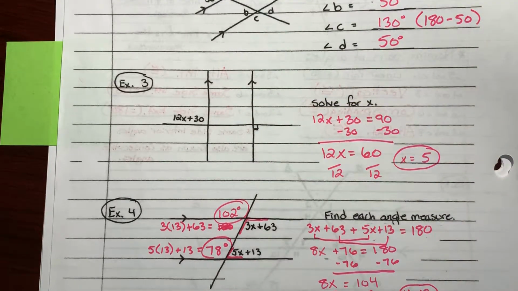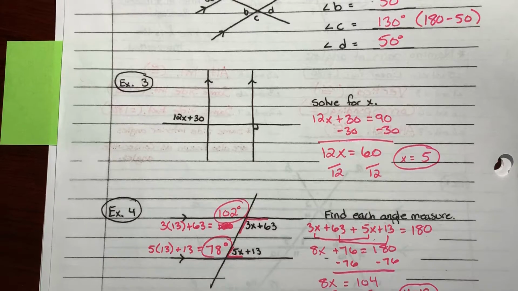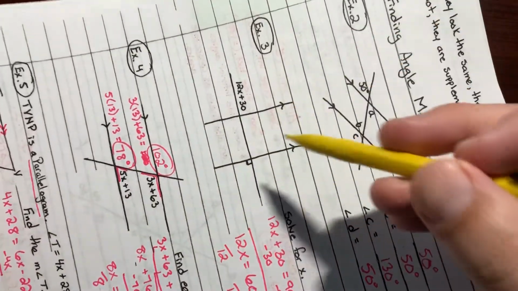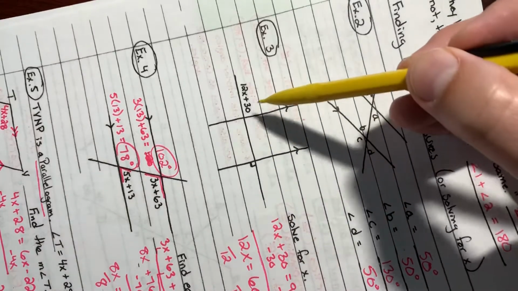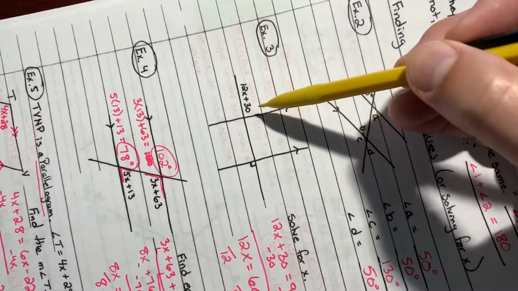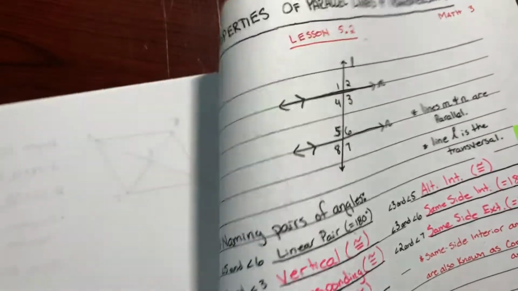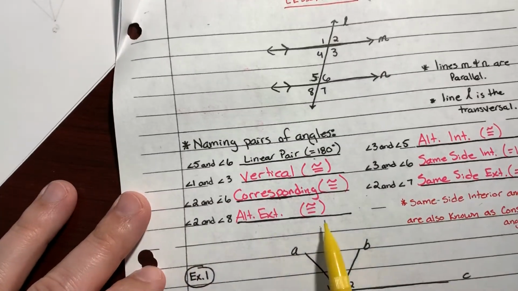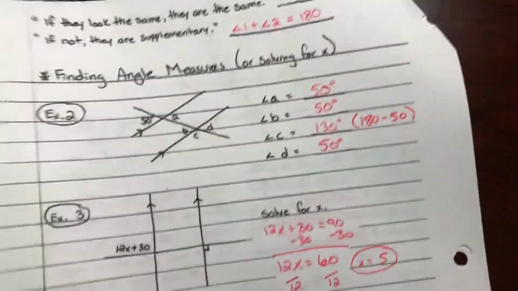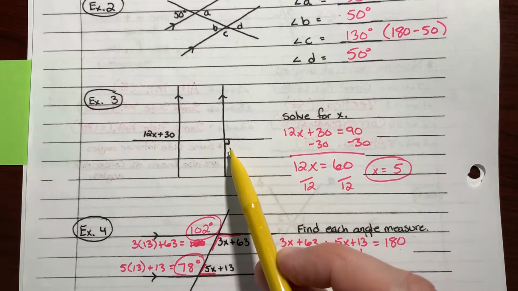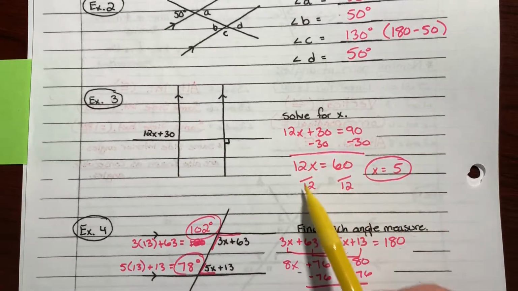I could go with that, or I could also go with the idea that when I have parallel lines and a transversal, these are alternate exterior angles, and alternate exterior angles are always congruent. So that means I can set them equal to each other, which I did. 2x plus 30 is equal to 90. I set that up. I solve for x.